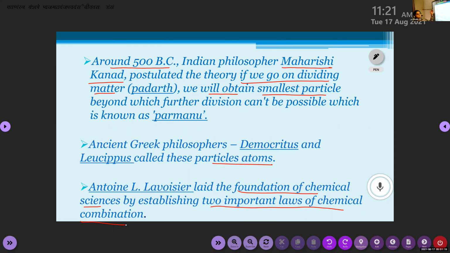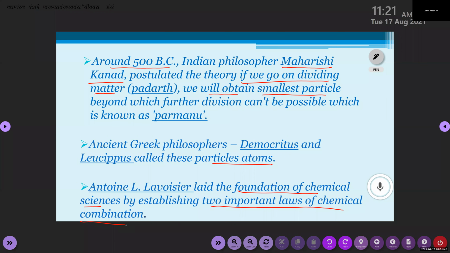Clear, children? So this is considered the beginning or history of the discovery of atoms and molecules. Around 500 BC, Maharishi Kanad postulated that if we go on dividing matter, the smallest particle will be obtained, and that particle is known as paramanu.